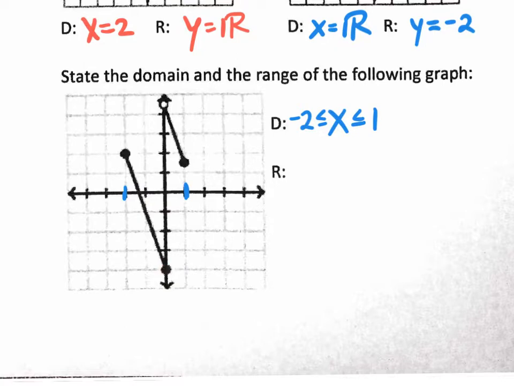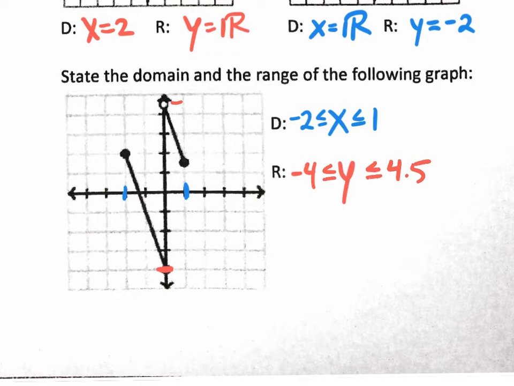So the minimum value in terms of y, this is going to be kind of confusing, is this one down here, which is negative 4. So we put that negative 4 right here, and the bigger value is up here, and that's roughly 4.5. So we're going to put positive 4.5 on this side with the appropriate inequalities of less than or equal to.